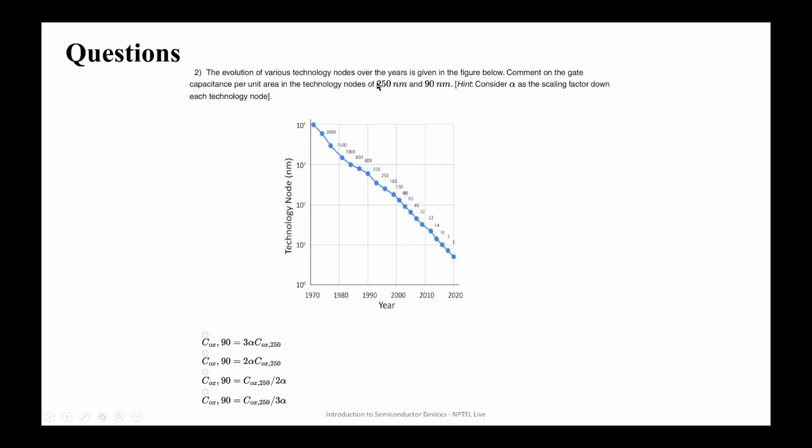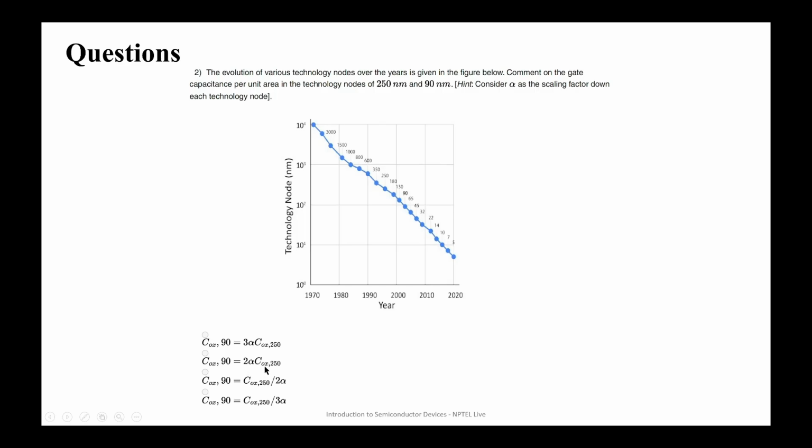The evolution of various technology nodes over the years is given in the figure below. Comment on the gate capacitances per unit area in technology nodes of 250 nanometer and 90 nanometer. Hint: alpha is considered as the scaling factor down each technology node. Cox 90 equals 3 alpha Cox 250.